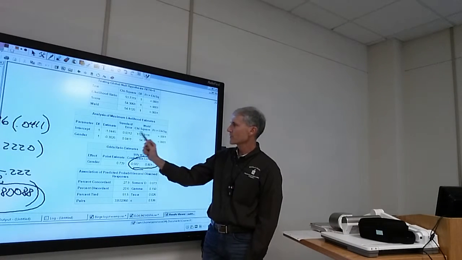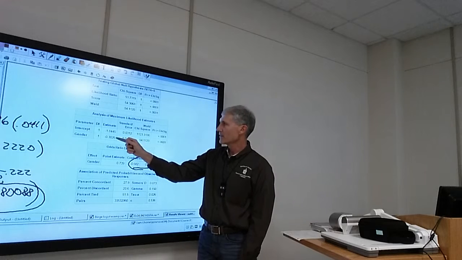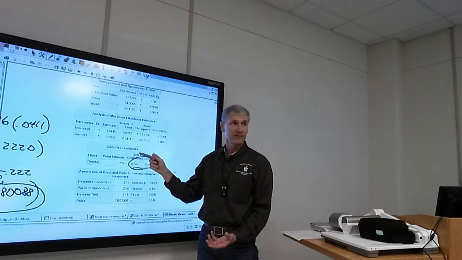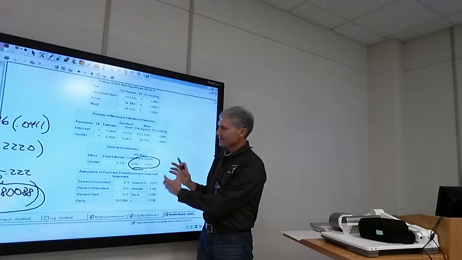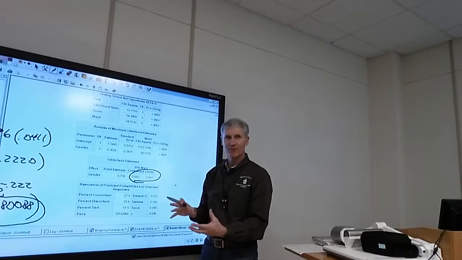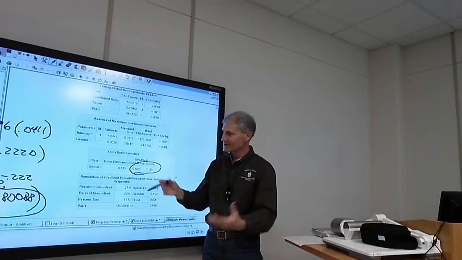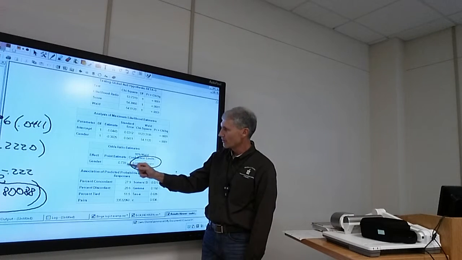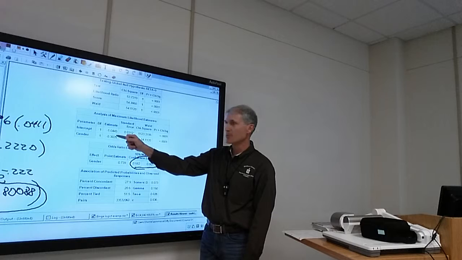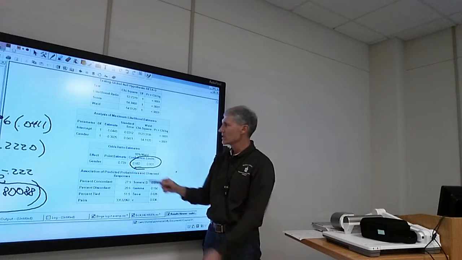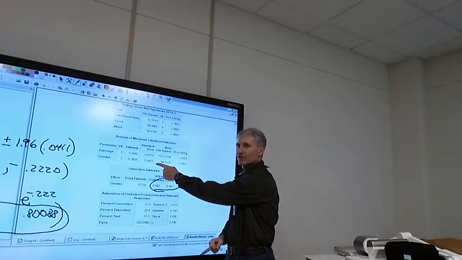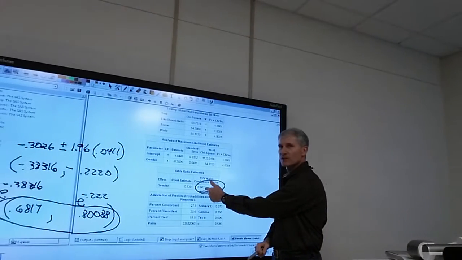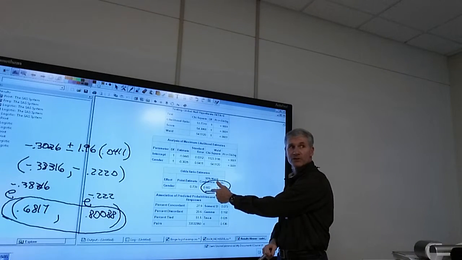So all they're doing is putting a confidence interval on the parameter in the log scale, and then they're back transforming from the log scale to the linear scale, transforming both the parameter estimate. E to the parameter estimate gives me the odds ratio. The lower bound of this confidence interval, e to that power gives me the lower bound of the odds ratio, and so on.